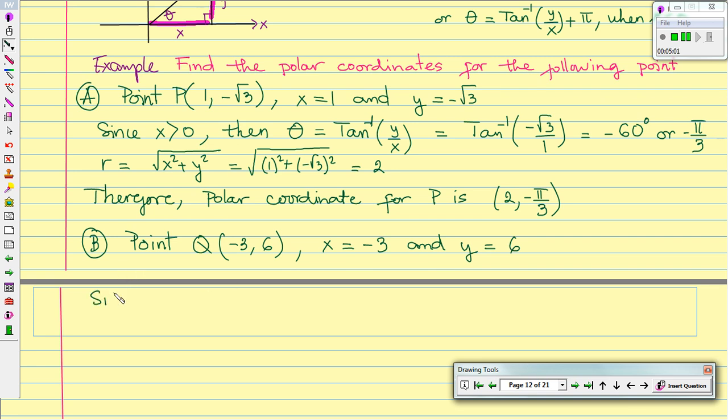So we make a note right here saying x is negative. So therefore we have to use the formula theta equal inverse tangent of y over x, and then we have to add pi.